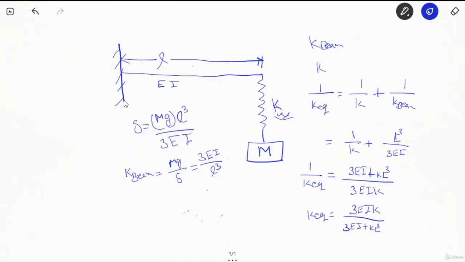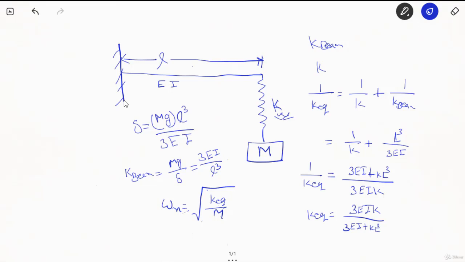Now, we are looking for the natural frequency here. So, omega n is what? Under root K equivalent divided by M, right? So, by putting this value inside this square root, we will get the equation or value of natural frequency for this particular system, right?